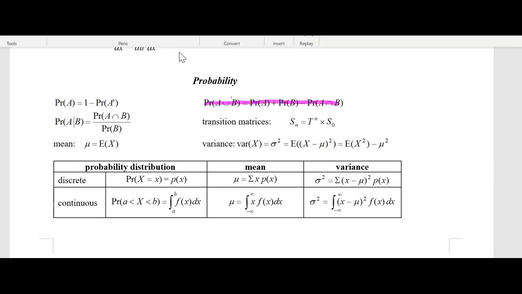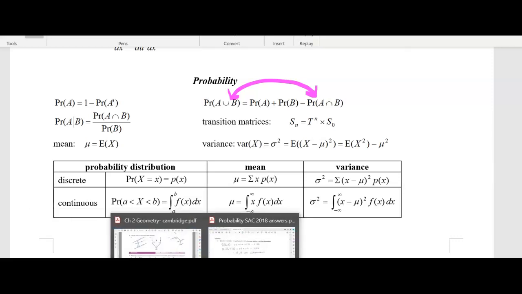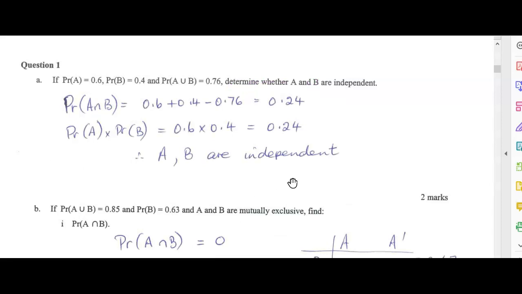Basically all they've done is switch these two around, and because it is an equation, you can switch it around like that. That's a terrible highlighter, we can hardly see it. So we want the probability of A and B, and we are given the probability of A or B, so we can just switch them around. Because they're equal, they're independent.